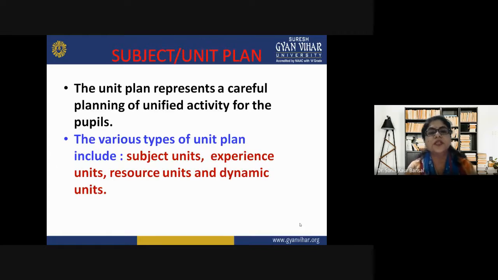Now, the subject unit plan. The unit plan represents a careful planning of unified activity for the pupils. The various types of unit plan include subject units, experience units, resource units, and dynamic units. So just understand, students, that a unit plan consists of the whole idea of what you are going to get from a particular unit.